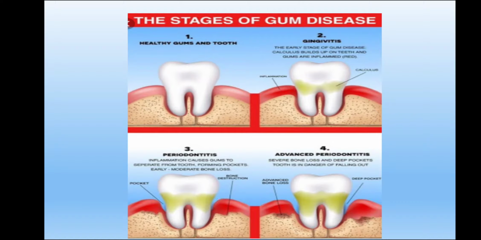This is known as periodontitis. Peri means around, odontos means tooth. The structures present around the teeth like the gingiva, alveolar bone, cementum and periodontal ligament. So, inflammation to this is known as periodontitis. In the fourth diagram, we see severe bone loss and very deep pockets. Hence, the tooth is in danger of falling off.